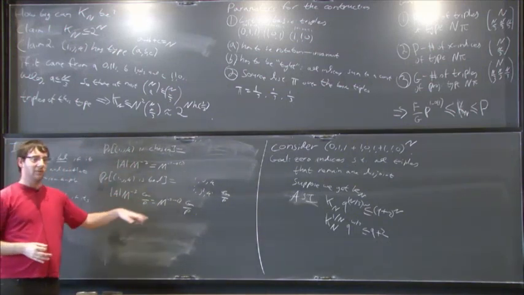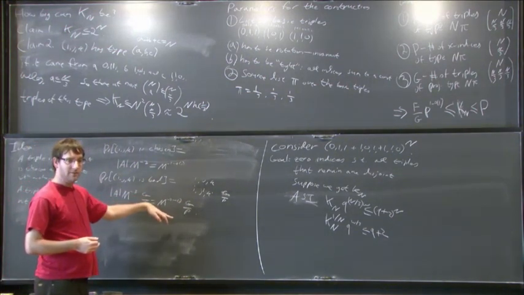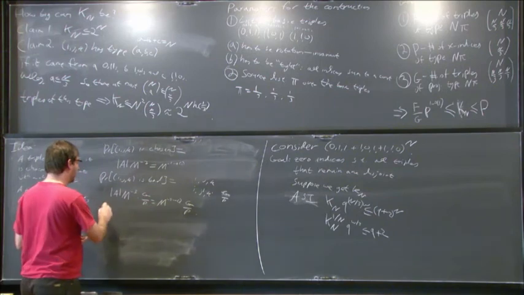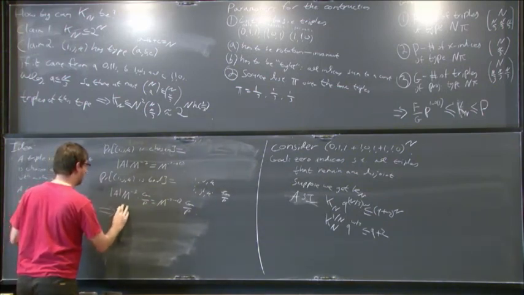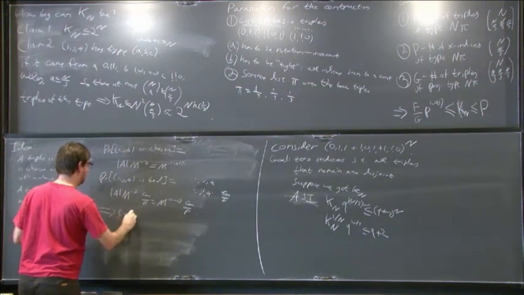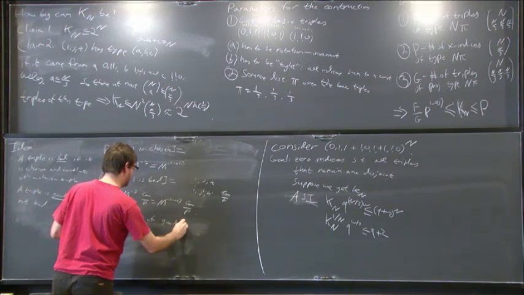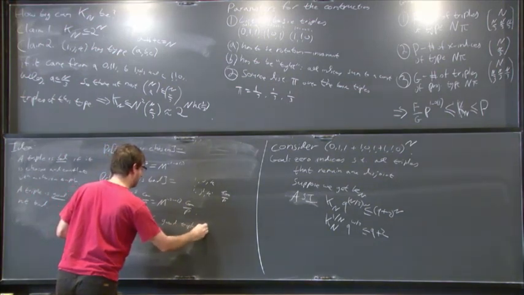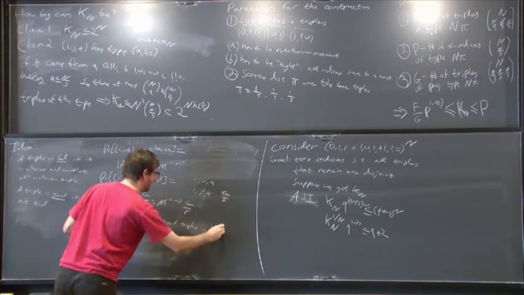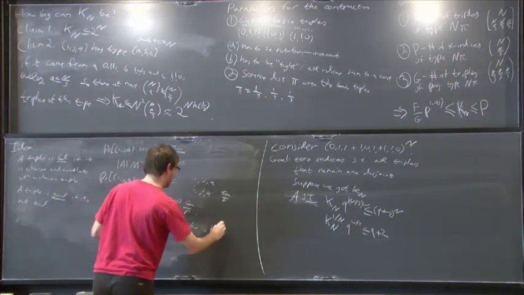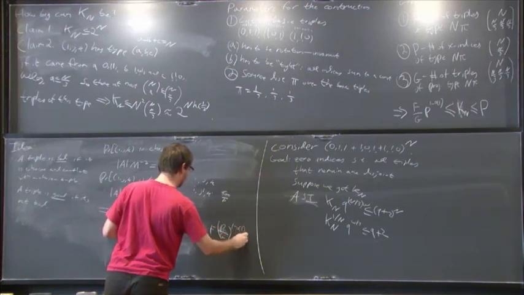Okay? And now it shouldn't be so surprising. This is very similar to what we got last time, but now instead of f over p, we get g over p. Okay, so you do the calculation, and you get that the expected number of good triples is f times g over p, sorry, times p over g to the 1 minus little o of 1, which is what we wanted.